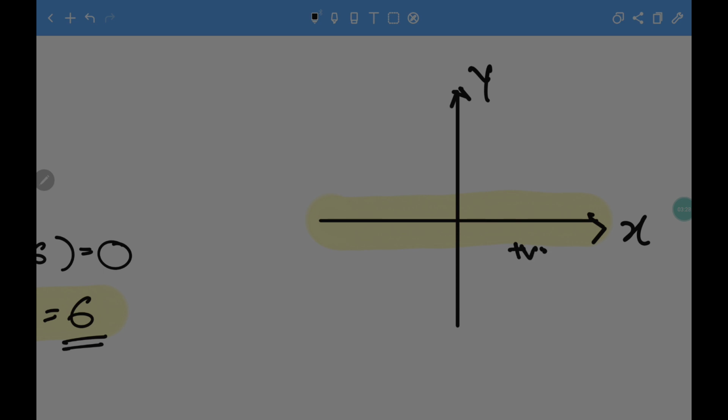Notice here is positive and here is negative. So where I would need to label the 2 and 6 will be on my right. It's just a sketch, so I don't have to ensure that it is proportional.